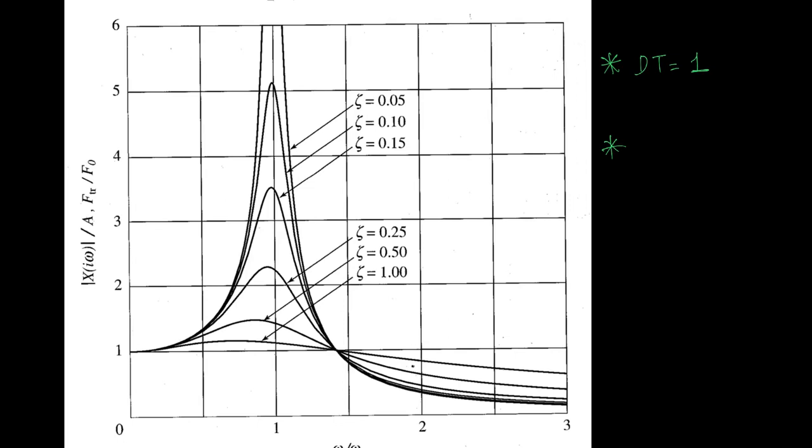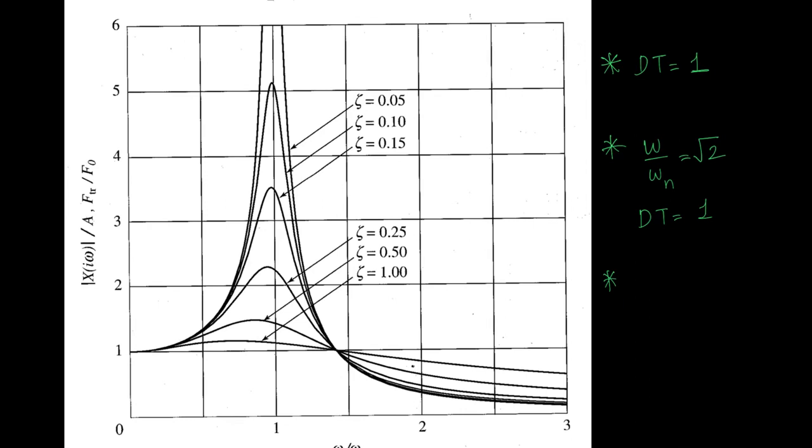The other key observation is that for a value of omega by omega n equal to root 2, you can see, irrespective of the amount of damping present in the system, all the time my displacement transmissibility is equal to 1. It's a good point to be noted. So if I want to design a system where I need vibration isolation, I better keep my system in this regime.